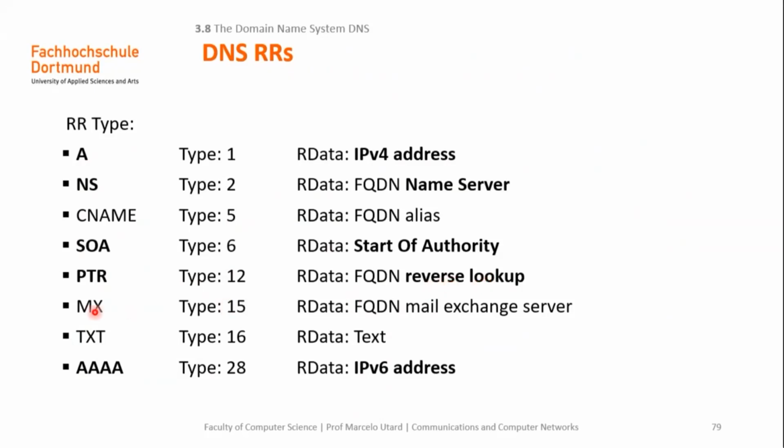And another type, for instance, the MX, from mail exchange, where in this case the resource record data contains the FQDN, that is the domain name, of the mail exchange server associated with the zone. In fact, with the FQDN of the record. That is typically, in that case, the FQDN that identifies a zone, not necessarily a node within that zone.